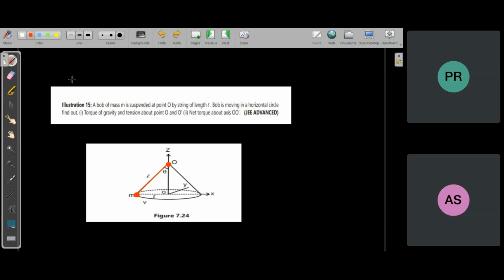Understood? The length of the string is L and the radius of the circle is r, small r. And forget this Y, it is not important here.